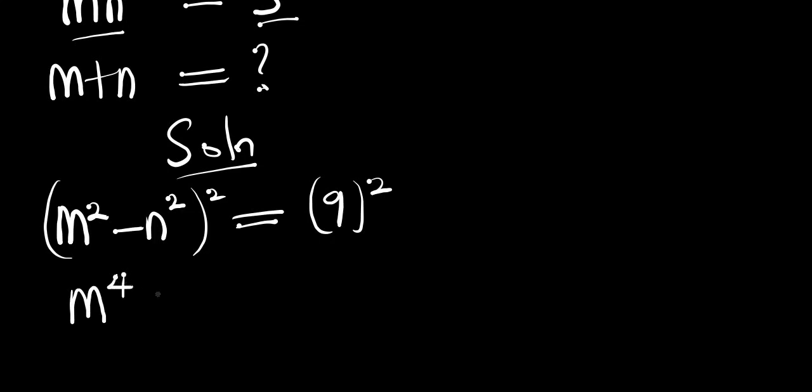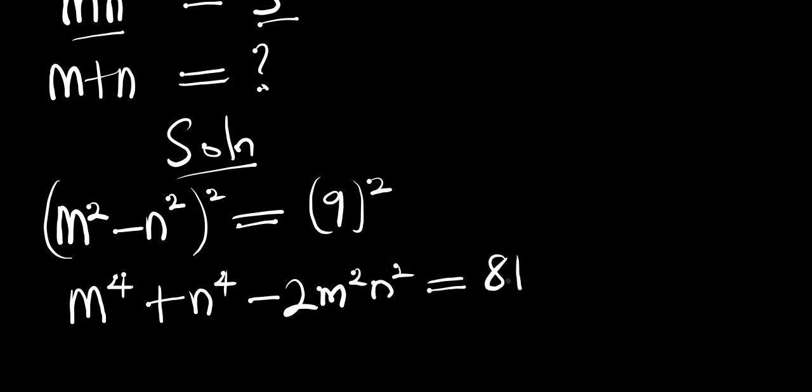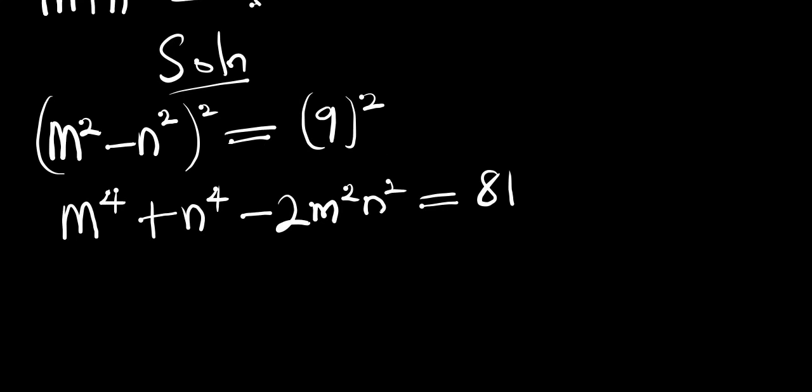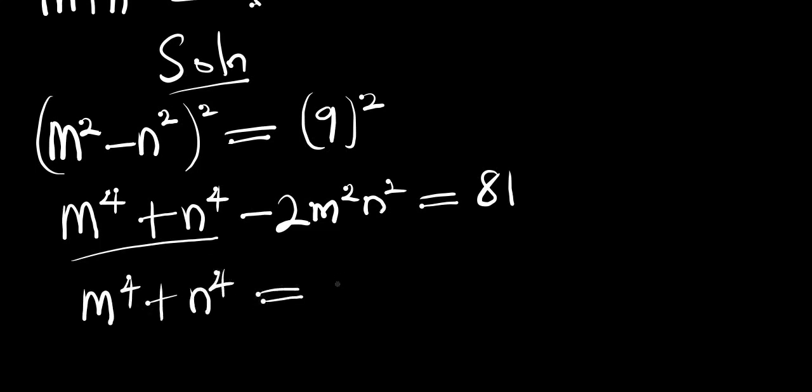We are going to have m power 4 plus n power 4 minus 2 m squared n squared equals 81.